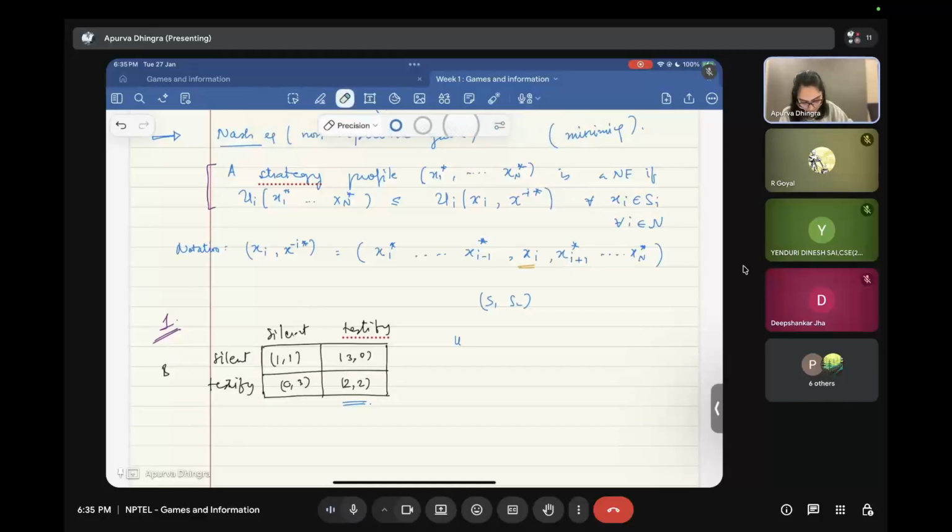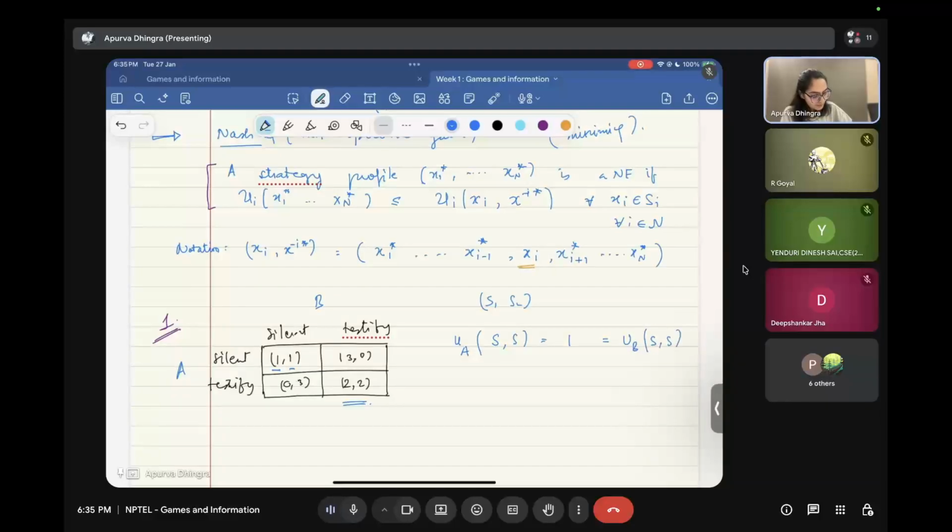I'm going to switch this just to not get confused. This is A's utility, this is B's utility. So U_A of, say, being silent is 1, and it just happens to be equal, it doesn't have to be.